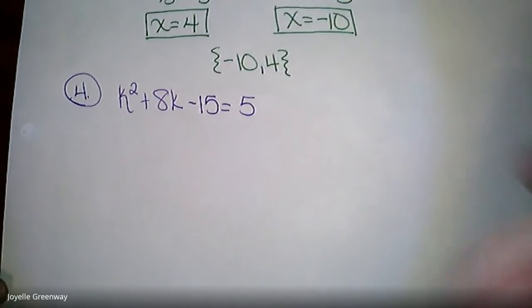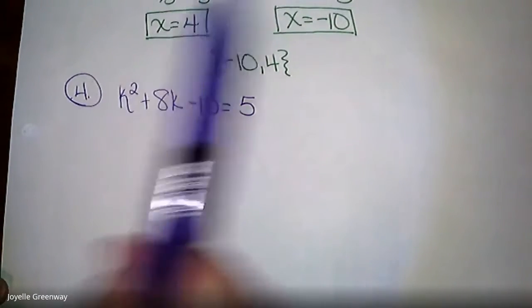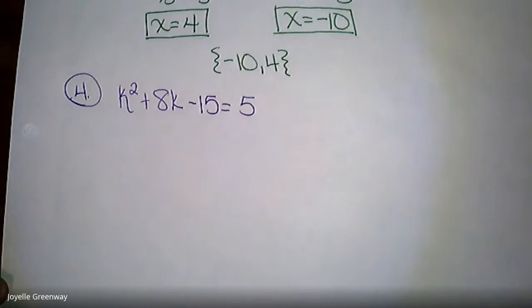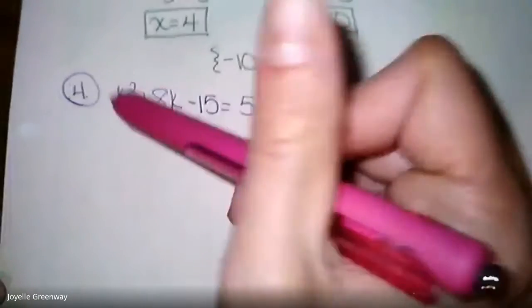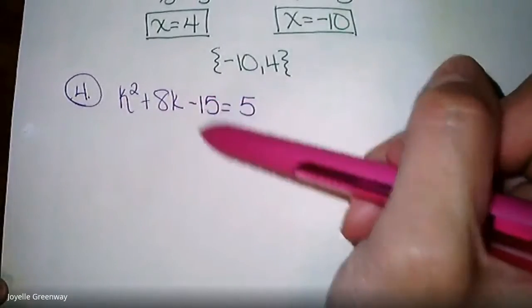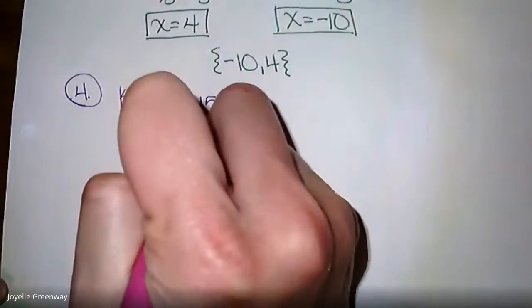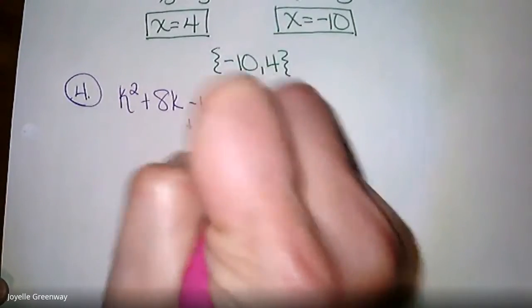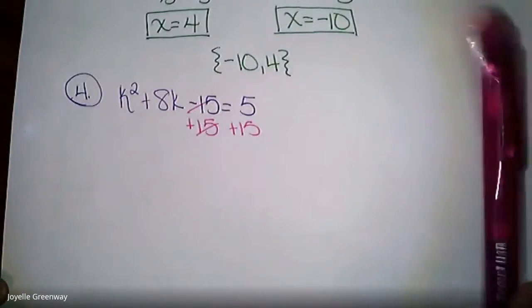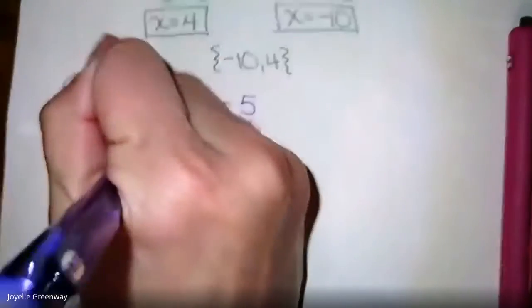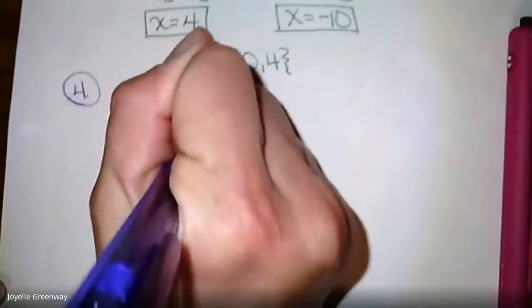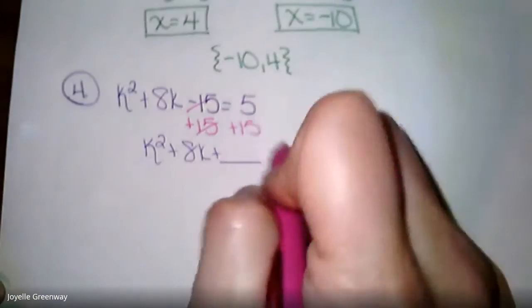So my leading coefficient is a 1, so that's great. My next step is to make sure my variables are on one side and my constants are on the other. So I'm going to add 15 to both sides. So I have k squared plus 8k plus blank equals 20.